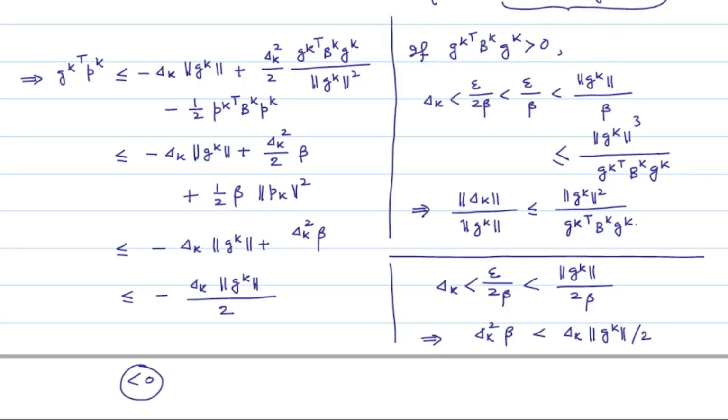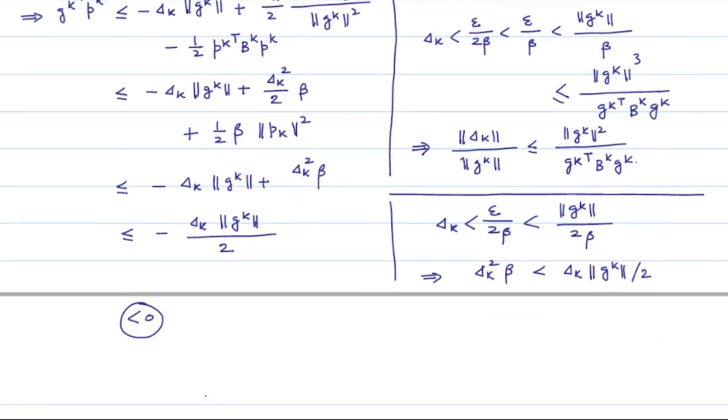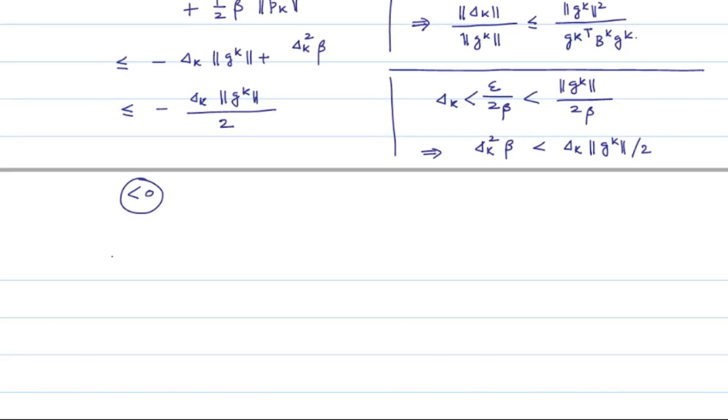With the help of this result, we shall now prove that there are at most finitely many unsuccessful iterations between two successive successful updates. That is, if I have found one index, say k1, for which rho_k1 is greater than eta_1, then it will not happen that after the index k1, indefinitely, all the reduction ratios rho_{k1+1}, rho_{k1+2}, and so on are less than eta_1.